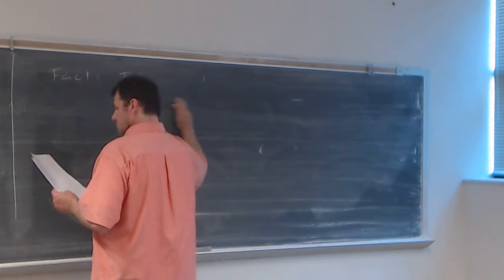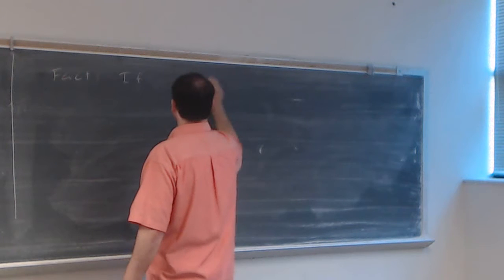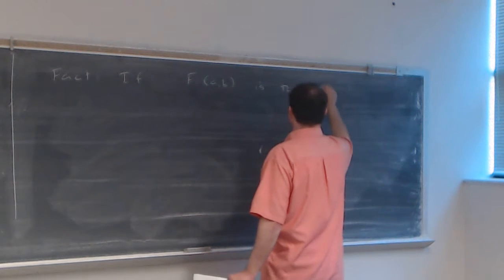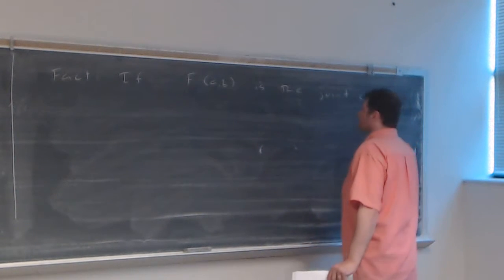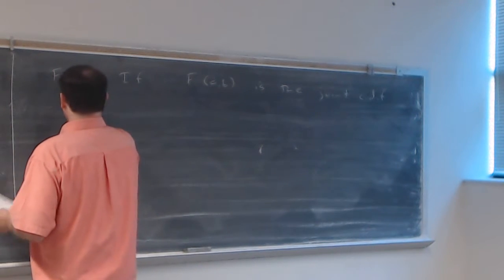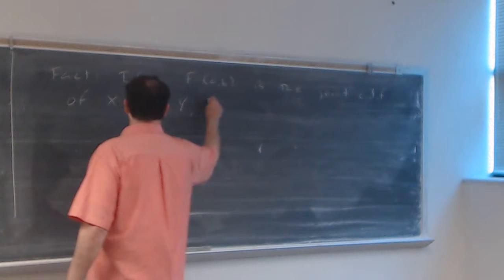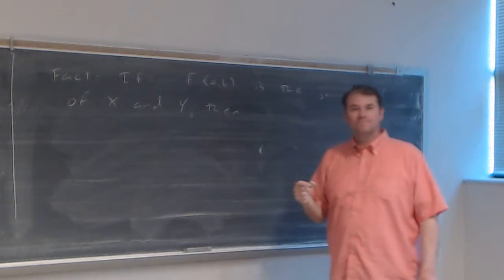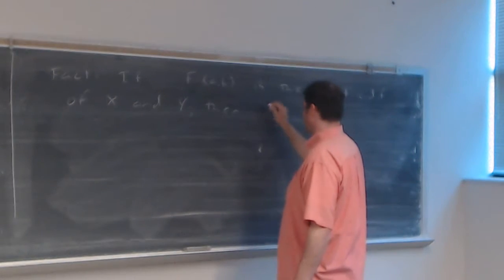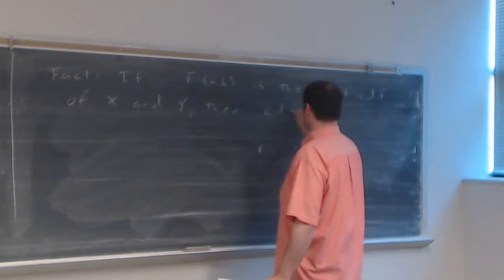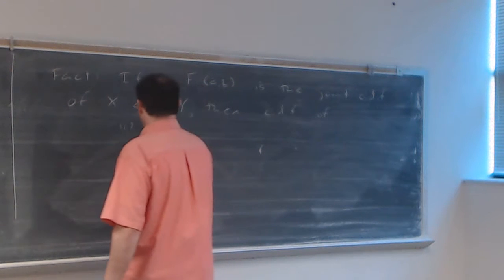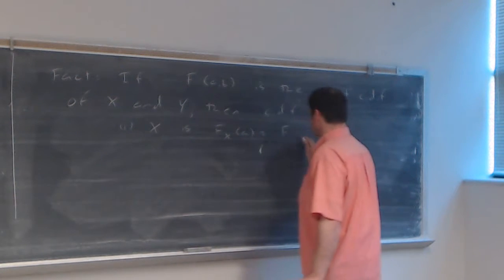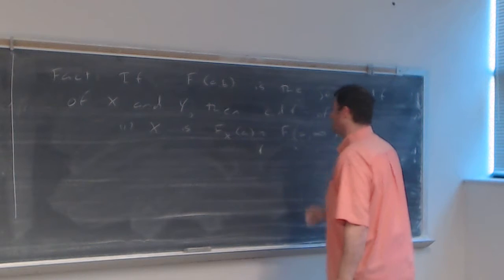If F(a, b) is the joint CDF of X and Y, then we can find the CDF of X and of Y. Part 1: the CDF of X is F sub X of a, which is equal to F of a comma infinity.